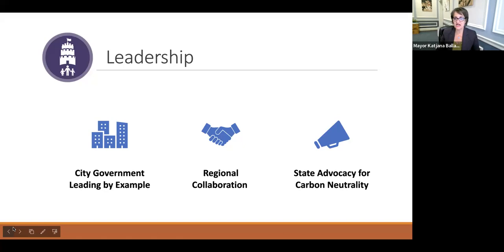Somerville has received the highest rating for our climate leadership and transparent reporting from CDP. This is a global nonprofit that sets standards for environmental reporting. Whenever and wherever we can weigh in, we do. And we are fortunate that our federal and our state delegation do the same.